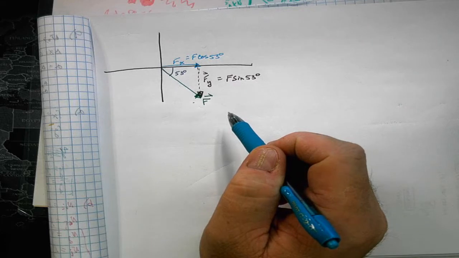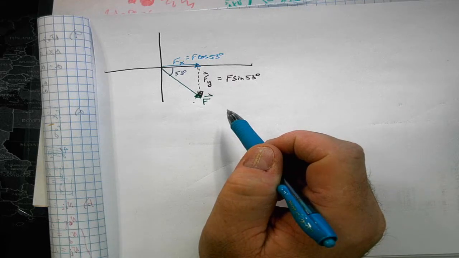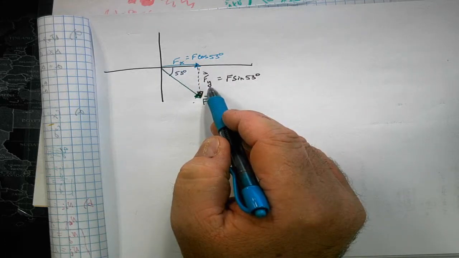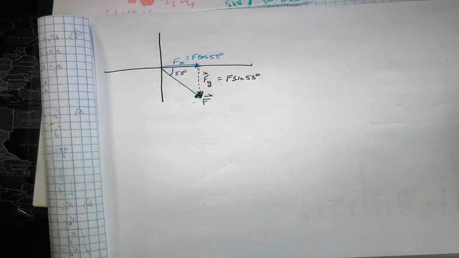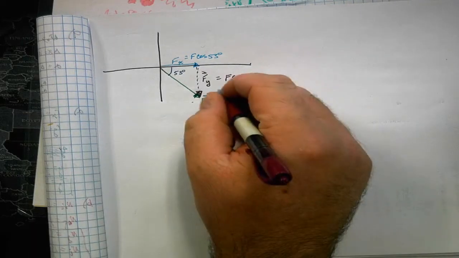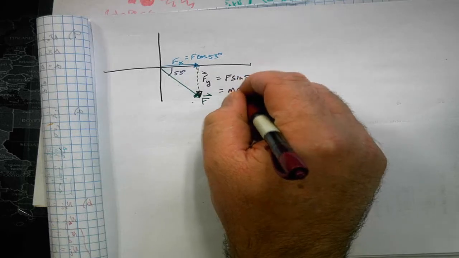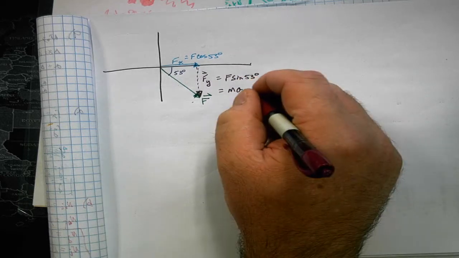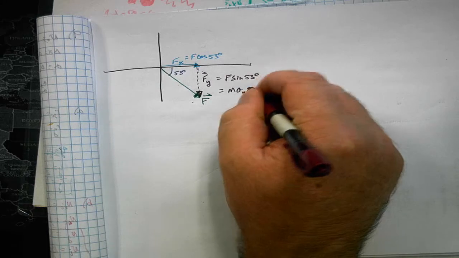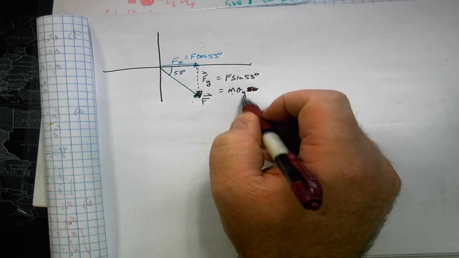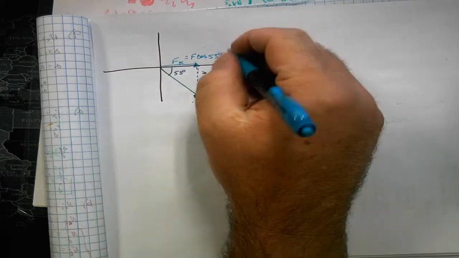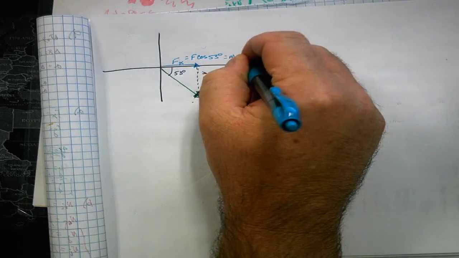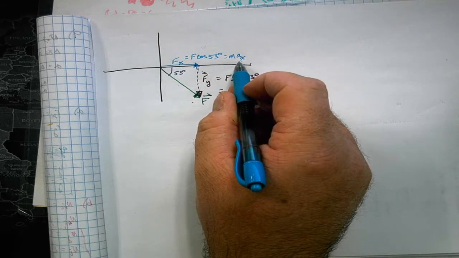Questions? So what is F of x and F of y? Would that be like acceleration? Well, this would give you mass times the acceleration in the y direction. This would give you mass times the acceleration in the x direction.